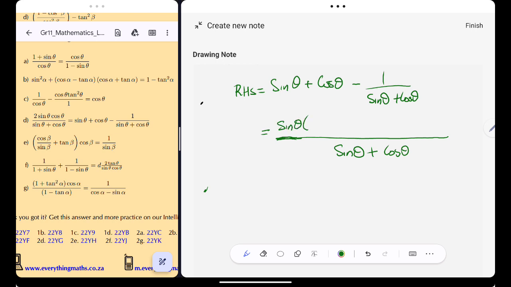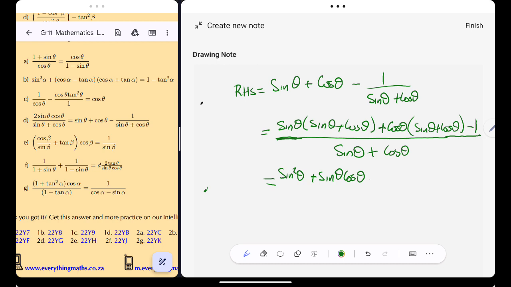I'll get sine theta times sine theta plus cos theta, plus cos theta times sine theta plus cos theta, then I'll have the minus 1 there all together, and this will give me sine squared theta plus sine theta cos theta plus sine theta cos theta plus cos squared theta minus 1.